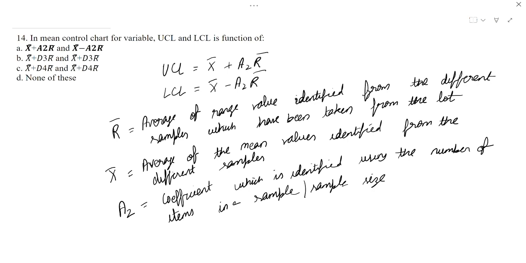So according to this, the correct option is A, x bar plus A2 R bar and x bar minus A2 R bar. This is subscript. This is all subscript.